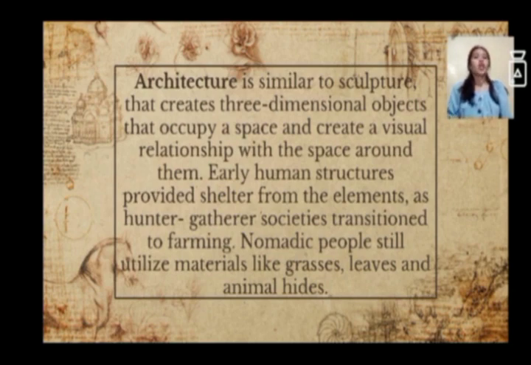So in early human structures, the shelter provided protection from the elements. Before hunter-gatherer societies transitioned to farming, they made more permanent shelters, eventually forming communities, towns, and cities.